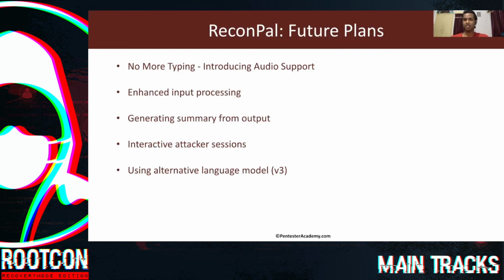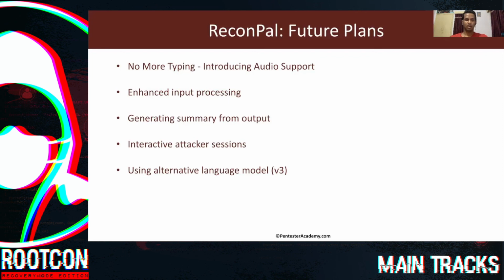Currently we can attack various machines, but we cannot get an interactive session back. With the interactive session, we'll be able to compromise a machine and then we'll get a URL. When we access that URL, we'll get a session on the target machine. So that is our plan for V2.